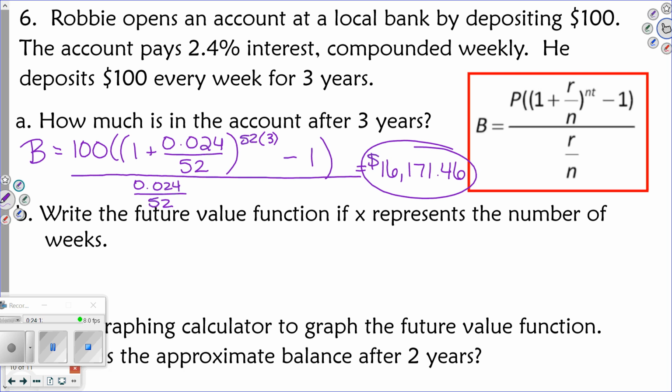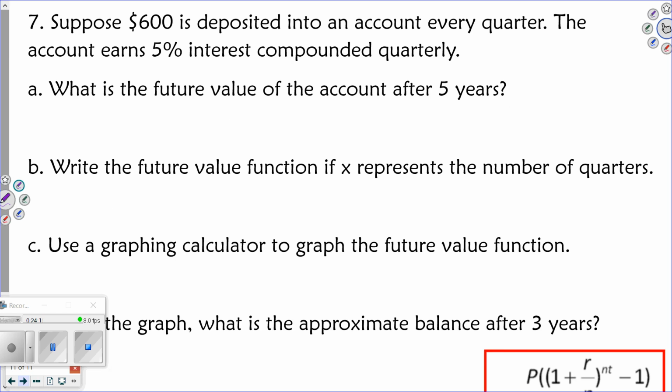Problem. All right, last one, number 7, on your own. Number 7. If you're still working, just go ahead and finish up. I will write up what I have, and you can compare, make sure we did it right.